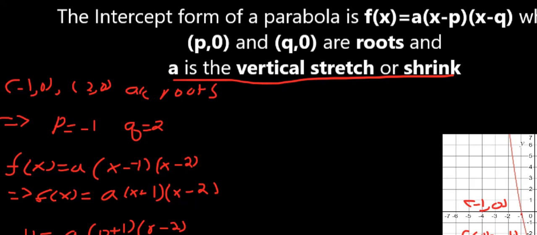So if -4 equals -2a, then if I multiply each side by -1/2, this will give me a is equal to 2. So I can write my final answer as f of x equals 2 times x plus 1 times x minus 2.